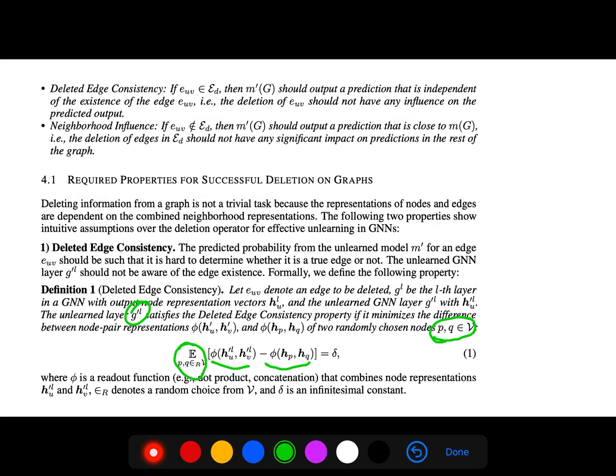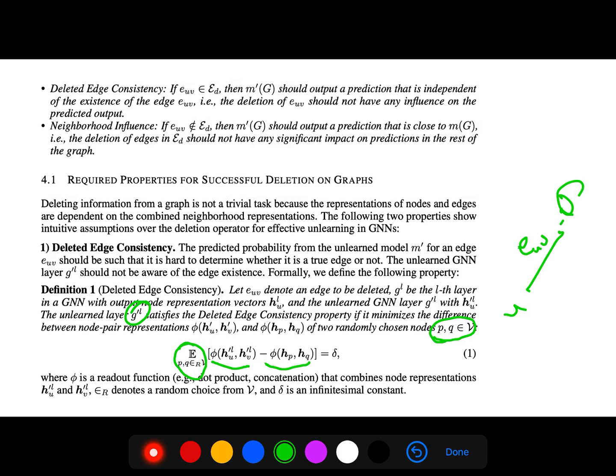Remember that here e denotes an edge to be deleted, which is, for example, from u to v. So this edge uv has a representation built from phi of h_u and h_v. So this edge has a representation.